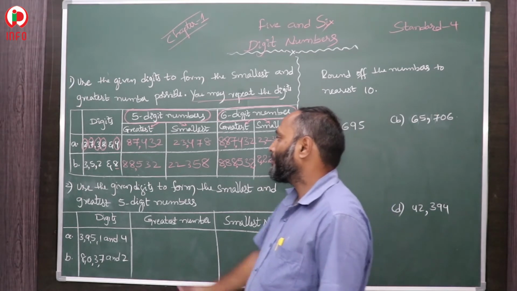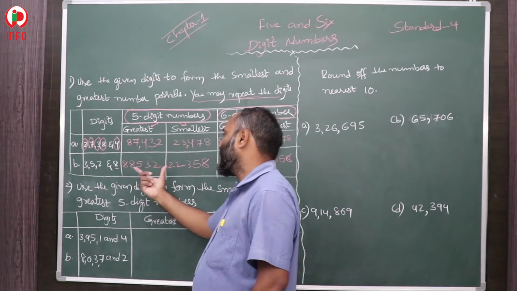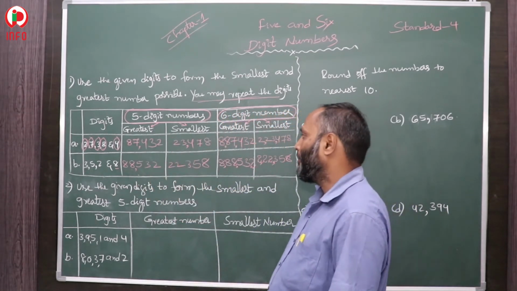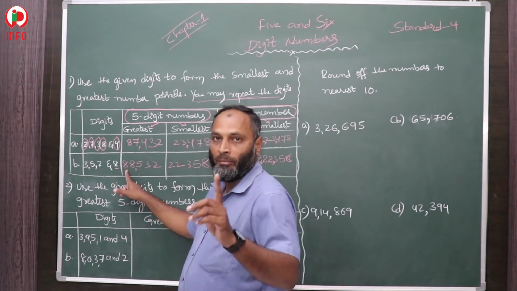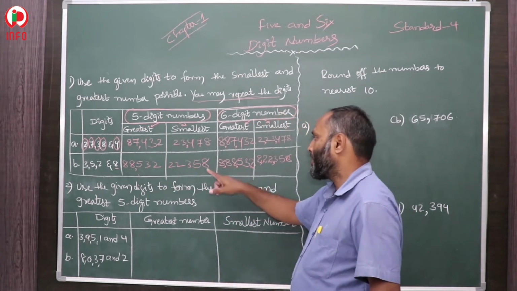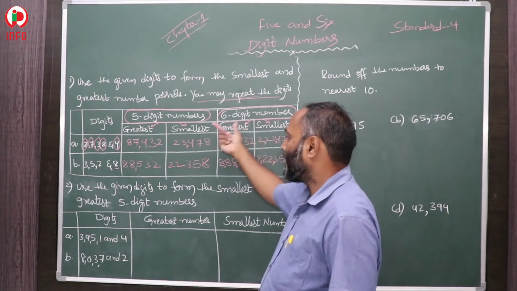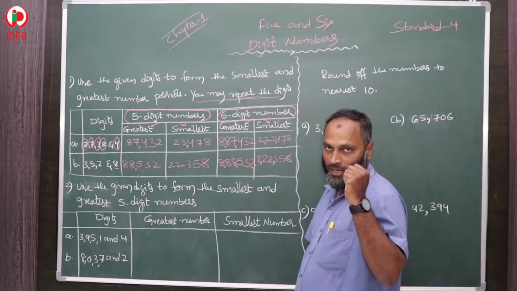In the same way, if 4 digits are given and he is asking for the 5 digit greatest number and smallest number, in that case for the greater number we repeat the greater number, and for the smaller number we repeat the smaller number. In the 6-digit number, here only 4 digits were there. The gap is 2 digits less.